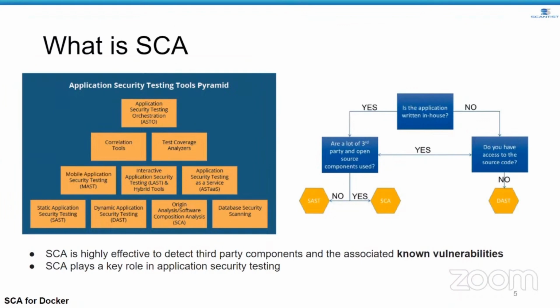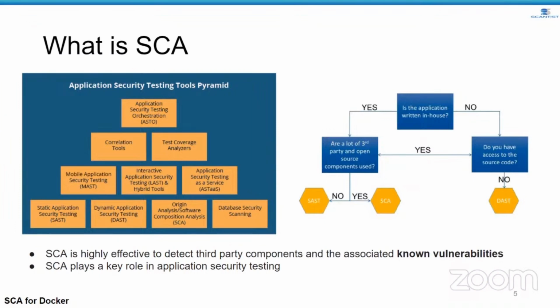SCA is quite different from other tools. For example, we have SAST, which is the very traditional one, probably using SonarQube and some others. These reason directly on your code, but they are very difficult at finding issues in the dependent components you are using.